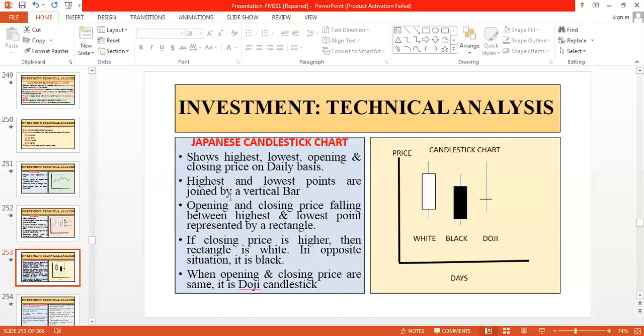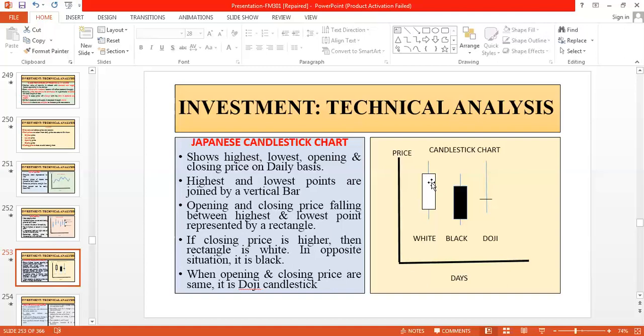The highest and lowest points are joined by a vertical line. The opening and closing price, falling between the highest and lowest price, is represented by the rectangle. So this rectangle's top and bottom points indicate the opening and closing price. If the closing price is higher, then the rectangle is white.